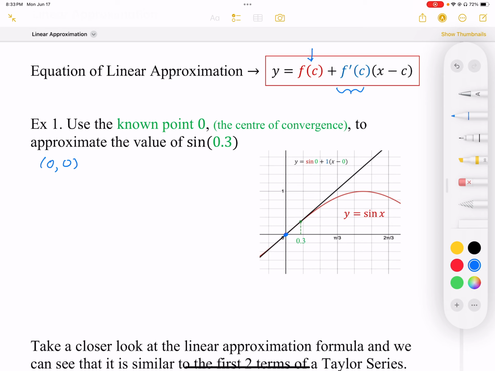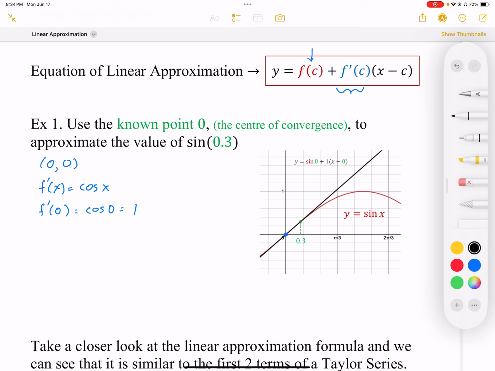We're going to have to find the slope of that line, so we need to find f prime of that sine function. f prime of x: since that's a sine function, we're going to end up with cosine of x. Then we want the slope at the point of tangency. So we take the cosine of 0, and that's going to give us a slope of 1.